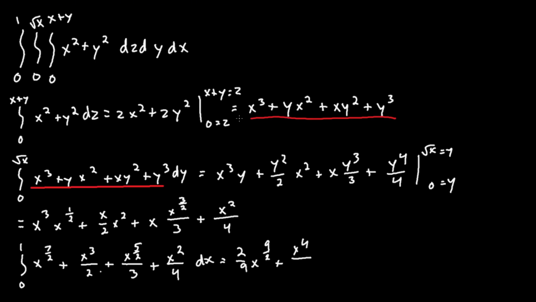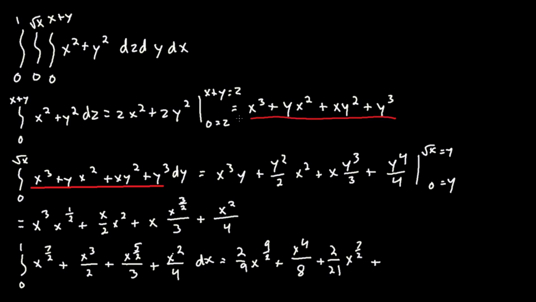x to the power of 4 over 8, and x to the power of 7 over 2 times 2 over 21. I think that's what I had in my notes. Let me check. Yes, it was.